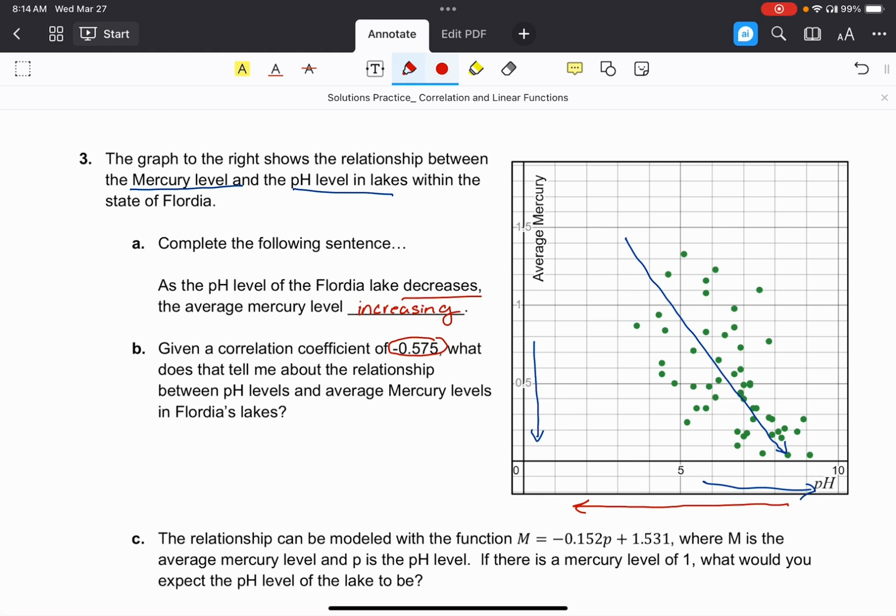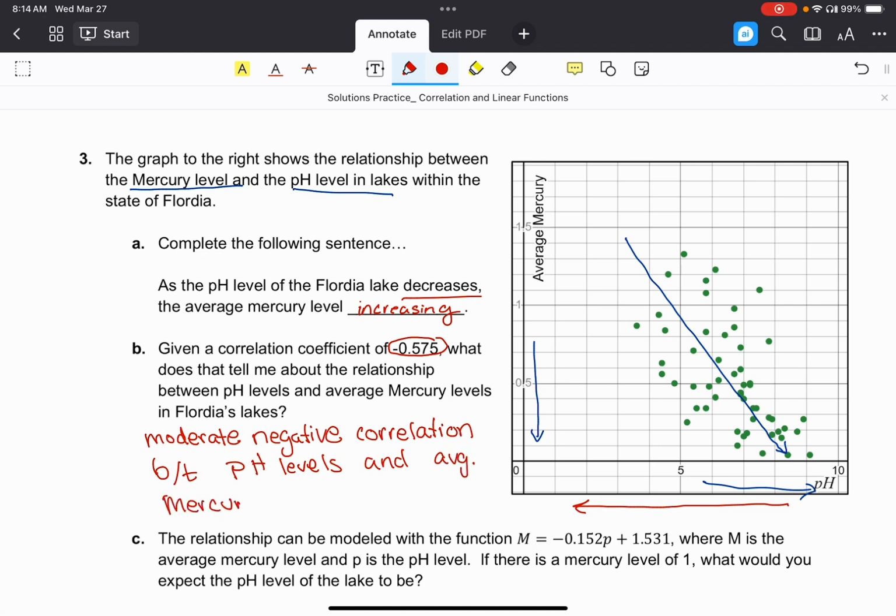And it is negative, so we would say that there is a moderate negative, because it's decreasing, correlation between pH levels and average mercury levels in Florida. Actually, Florida is FL. I don't know why I abbreviated it FA.